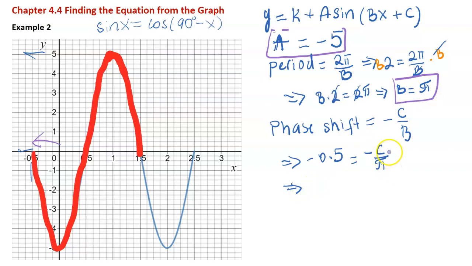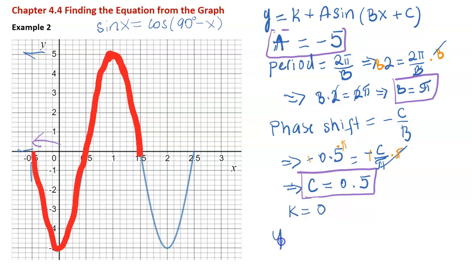Multiply both sides by -1 and by pi, c is equal to 0.5. There is no vertical translation, so coefficient k is equal to 0. The equation that describes this graph in the sine form is y equals -5 sine of pi x plus pi over 2.